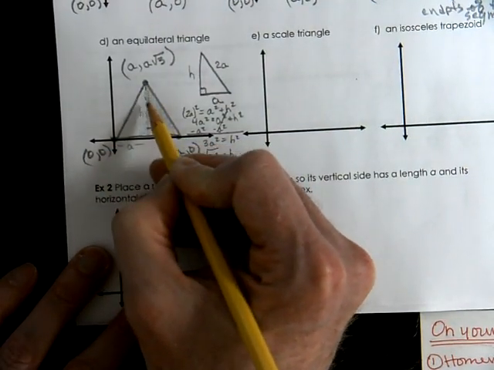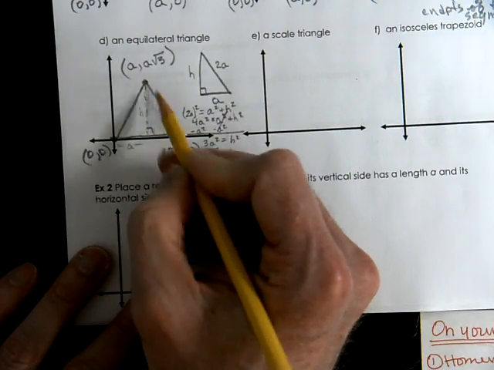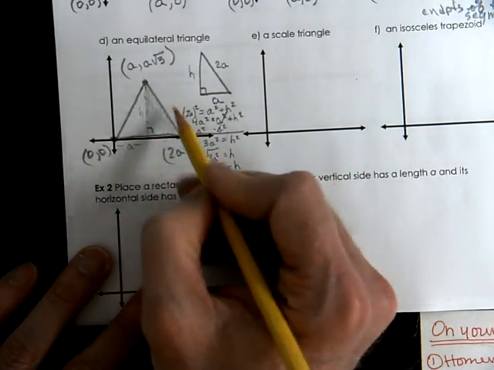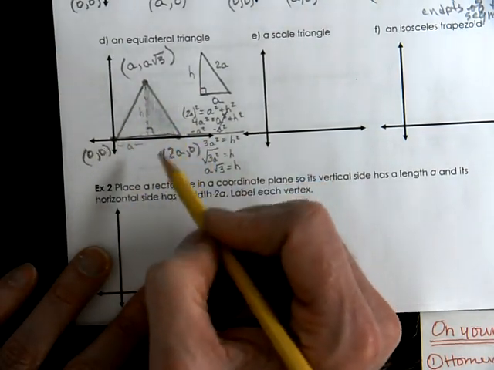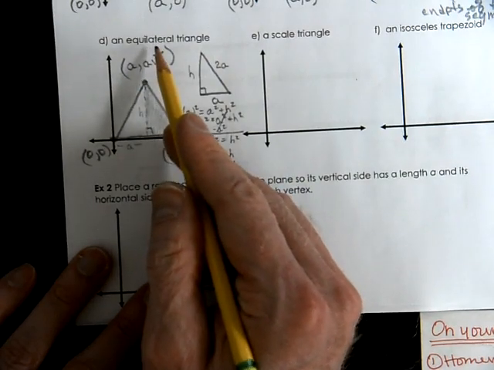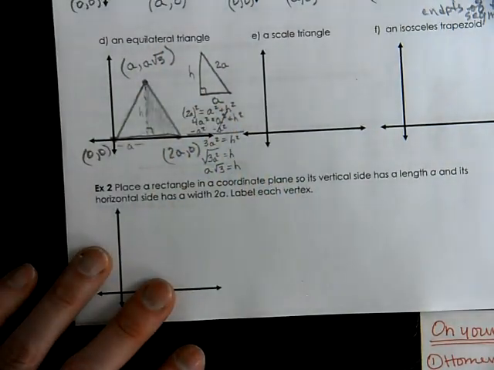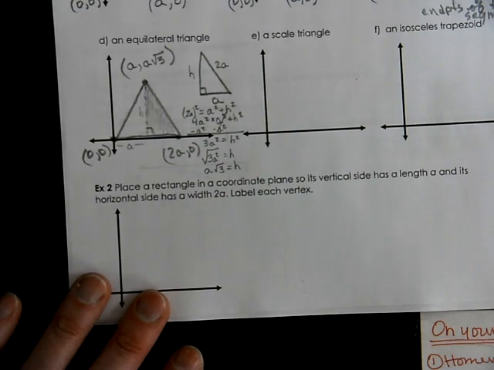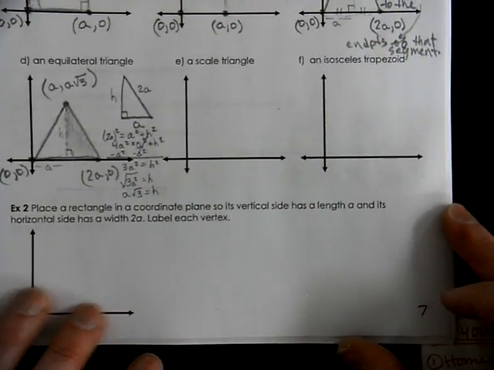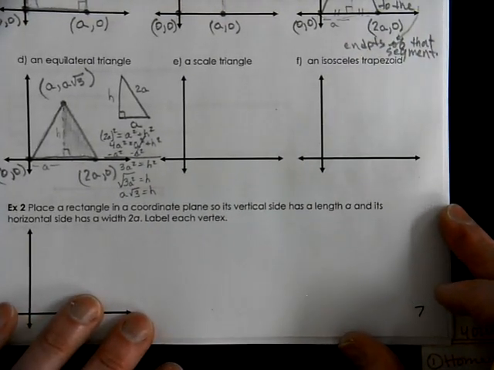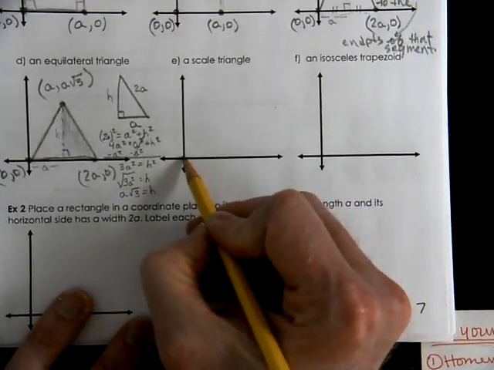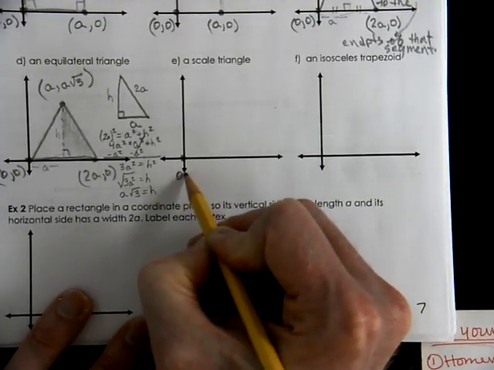If that's the height of our triangle, then we're going to create exactly an isosceles, actually an equilateral triangle. A scalene triangle. A scalene triangle, again, we're at 0, 0.